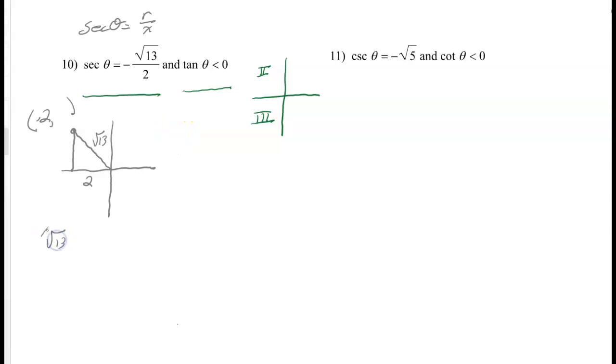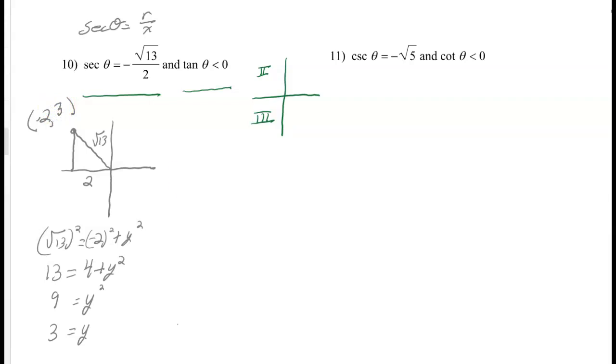So root 13 squared is equal to negative 2 squared plus the y value squared. So 13 is equal to 4 plus y squared. Y squared is equal to 9. So y is 3. Now technically it's plus or minus 3, but here since the y coordinate is a positive value, I'm just going to write it as 3.